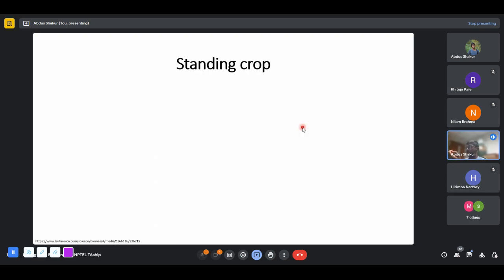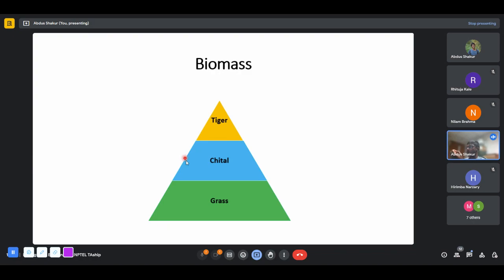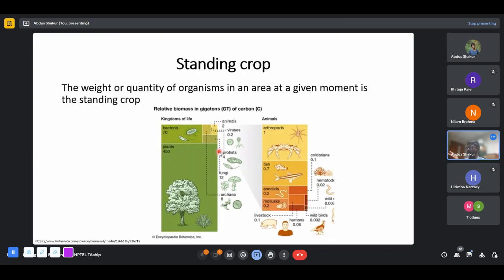So at each trophic level, what is the amount of biomass that is present? The weight or quantity of organisms in an area at a given moment is called standing crop. This is sometimes helpful to understand how the biomass changes across trophic levels.